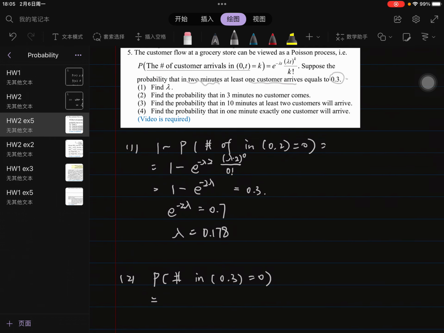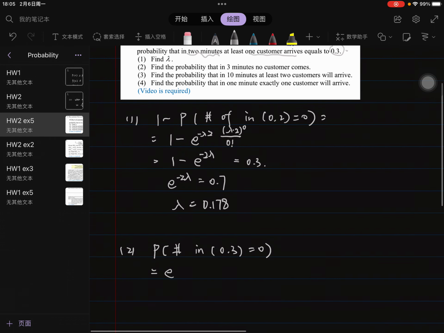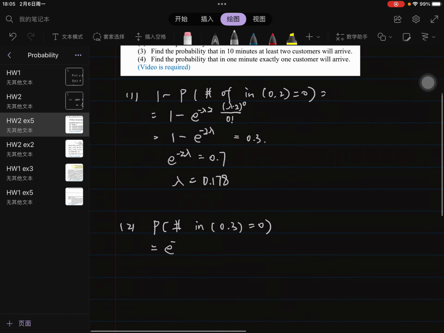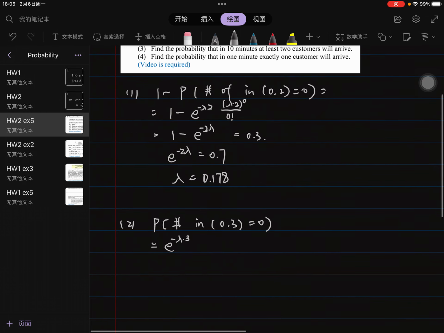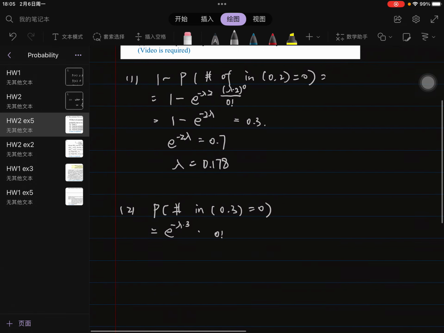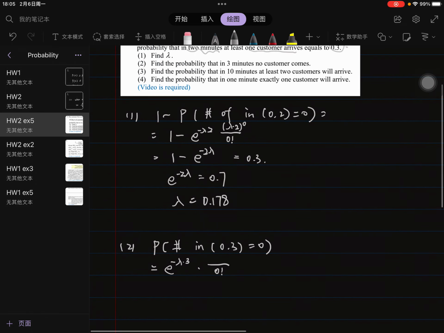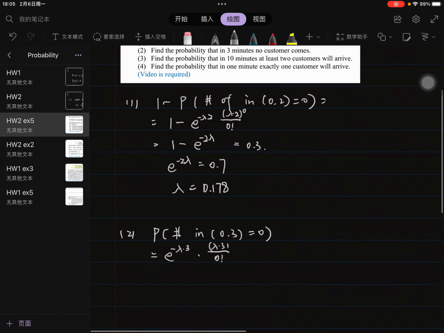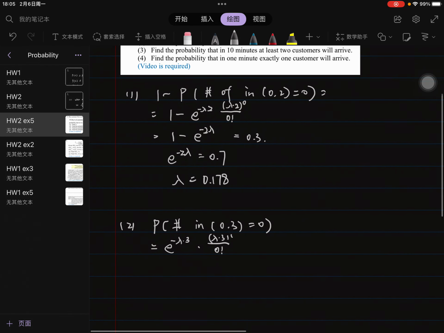I will put it into the formula: e to the power of minus lambda t, with t equals 3, and with the factorial of 0, lambda t to the power of 0, equals e to the power of minus 3 times lambda.